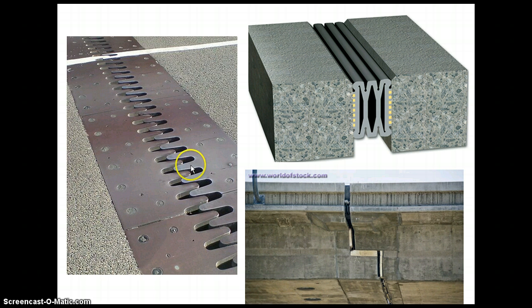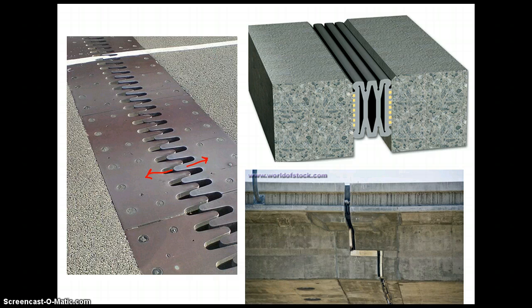This allows for the road to actually expand in the summertime. When things get hot, they expand. These little teeth actually begin to move apart from one another, so in the summertime these things would expand and spread out.